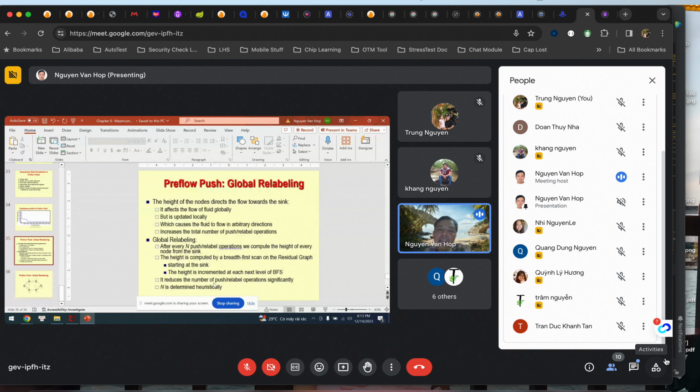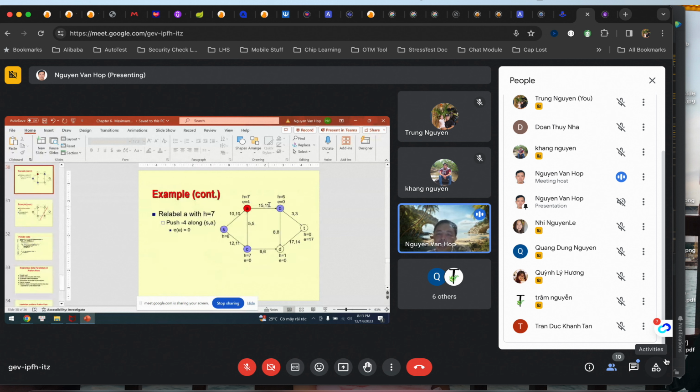Okay, the main idea for this one is we try to adjust flow for each arc until it's balanced. That's the first one. And we always choose the current active node with the maximum excess flow. And we will try to push it forward or push it backward.